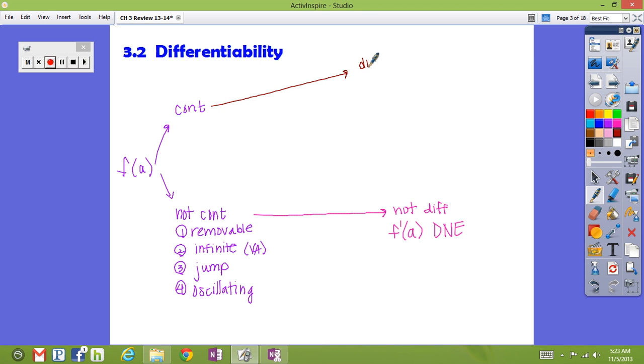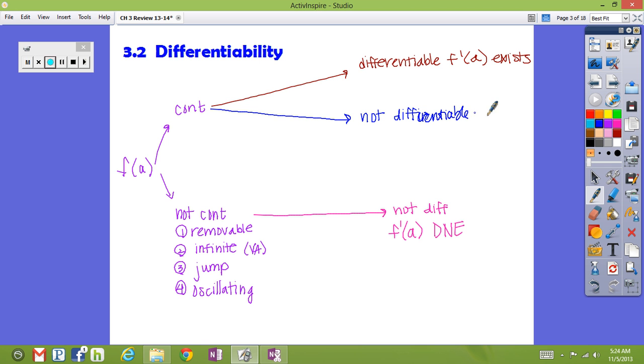It could be differentiable, which means that f prime of a exists, meaning it could be 0 or any other value, but it won't be undefined. Or if it's continuous, it could be not differentiable, which means that f prime of a does not exist.